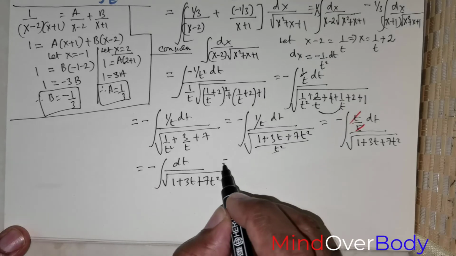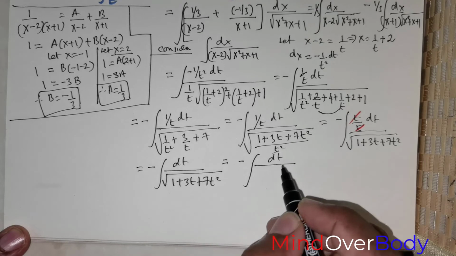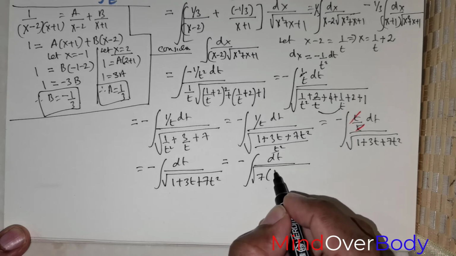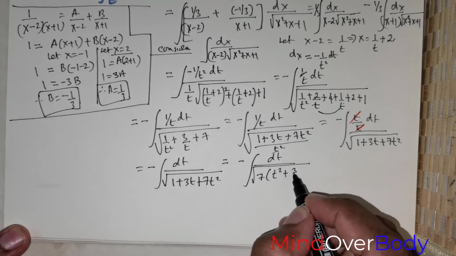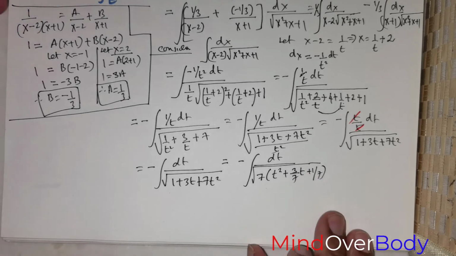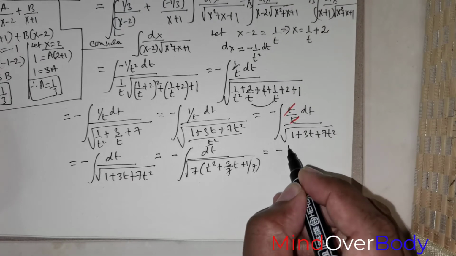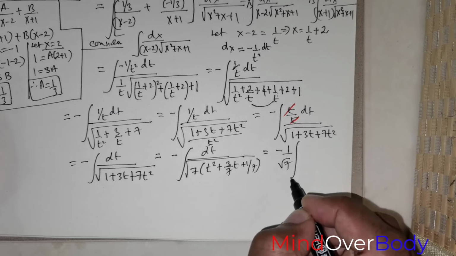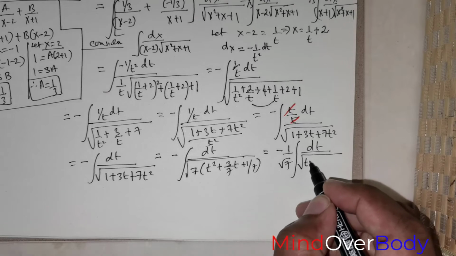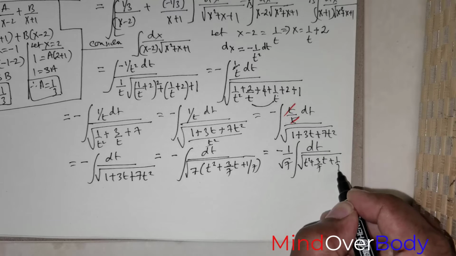What I would do is rewrite this as negative integral dt over, let me take 7 out, t² + 3/7 t + 1/7. Now I'm going to take this root 7 out, so that is going to be −1/√7 integral dt over root of t² + 3/7 t + 1/7.